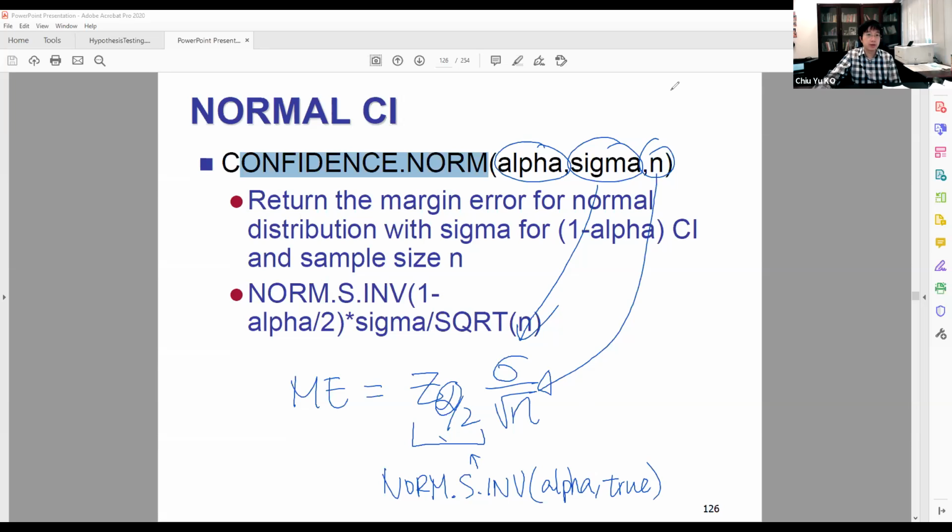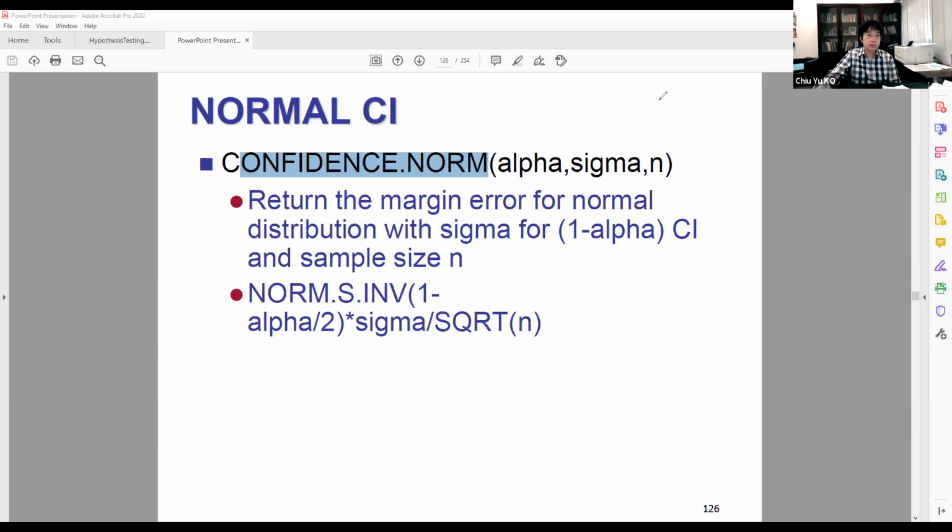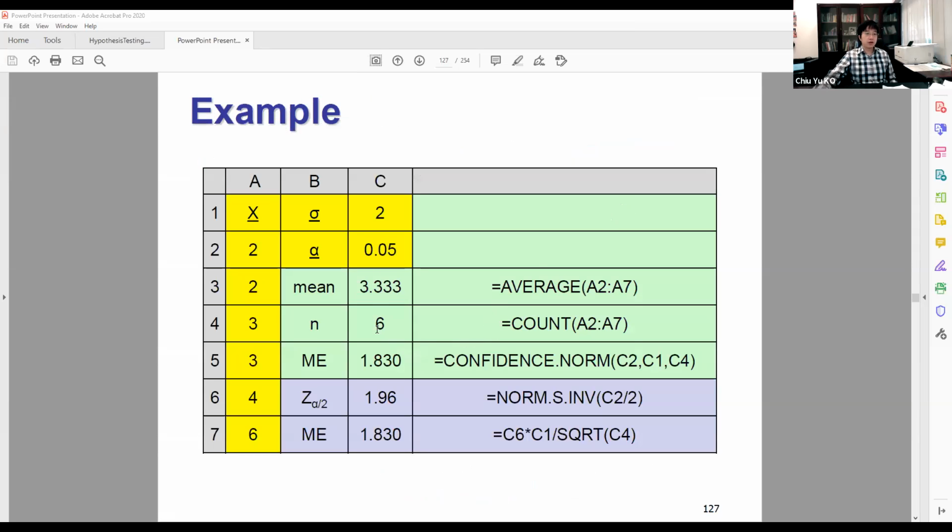Okay, so see the example. If you have mean x bar, and this is sample size n, and you know the sigma, and you know your confidence, which is 5%, then this will give you the two-tail by saying C2, which is the alpha.